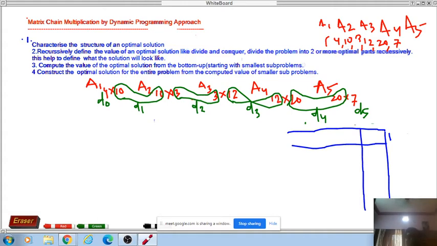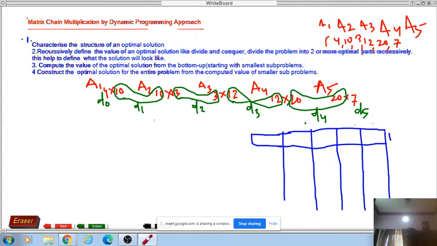Let us see the columns: column 1, column 2, column 3, this is your fourth column, and that will be the fifth column.